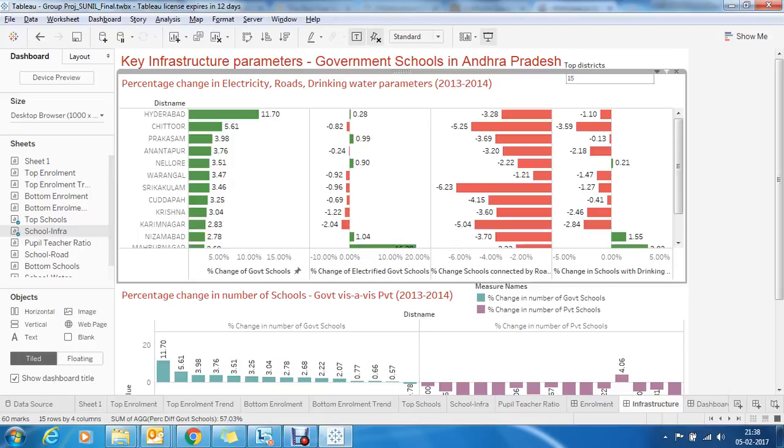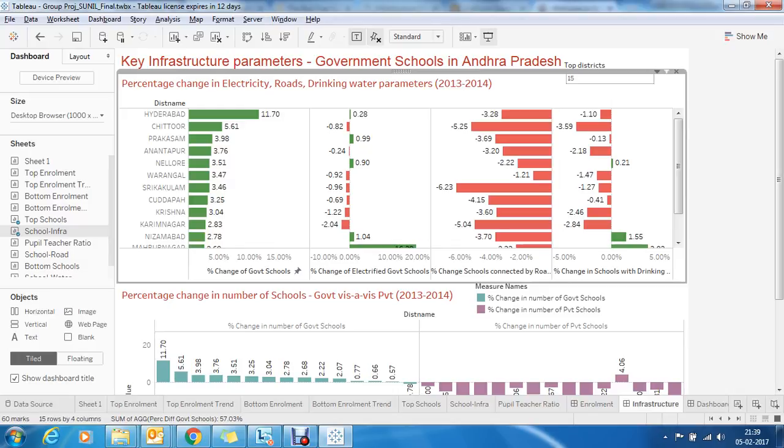Right to Education requires schools to maintain toilets, drinking water, playgrounds, among many other facilities. Again, we did this analysis for Andhra Pradesh schools for the year 2013-14, and we believe this is an effective operational dashboard if data on different infrastructure parameters can be updated in real time.